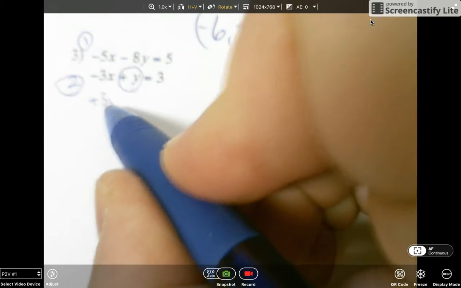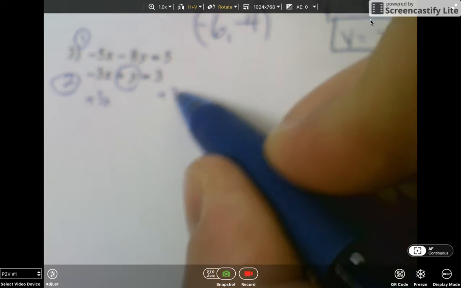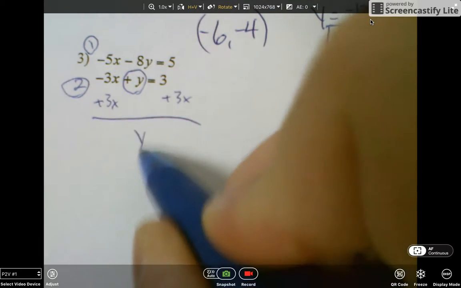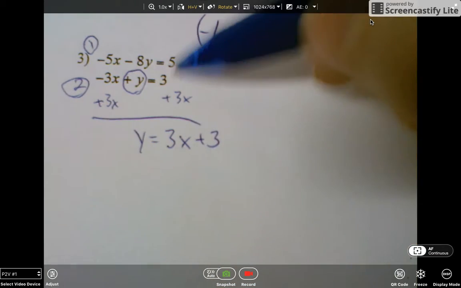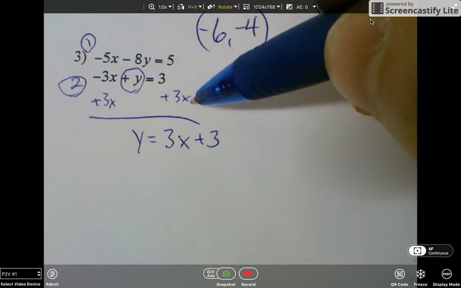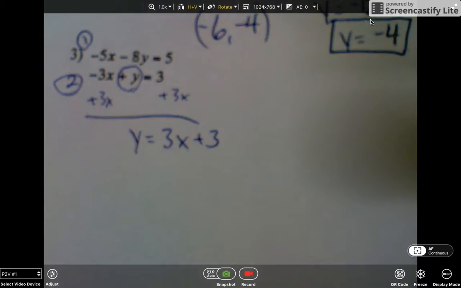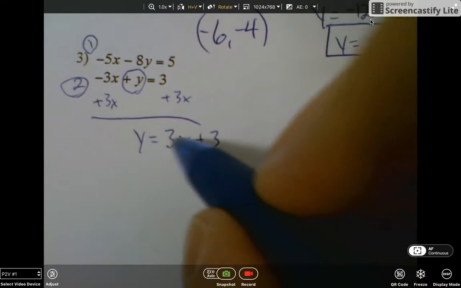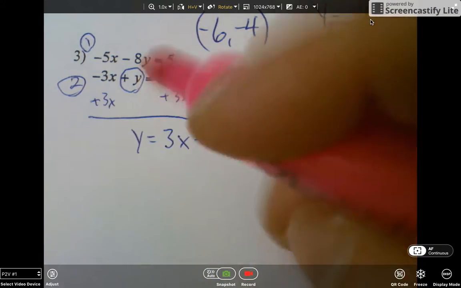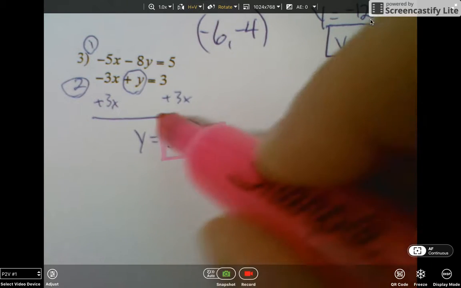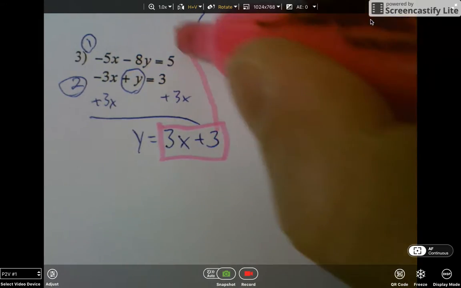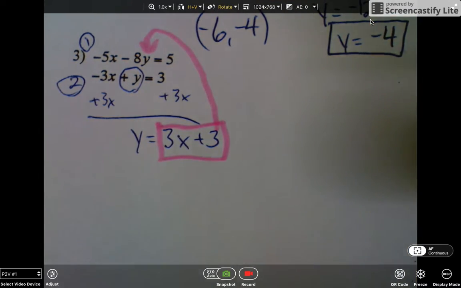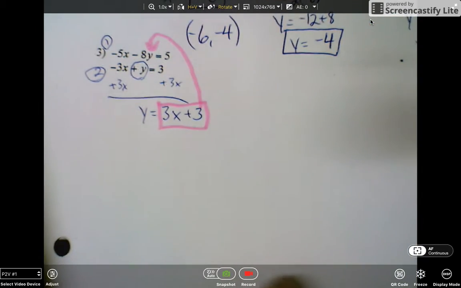In this case, it just takes one step because I'll add 3x here and add 3x here. I'm left with y equals 3x plus 3. Remember, those are not like terms, so I cannot combine them and say 6x. So now I have my substitution y equals equation. I'm going to substitute it into equation 1 right there.